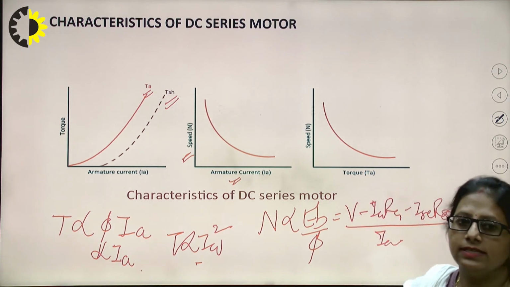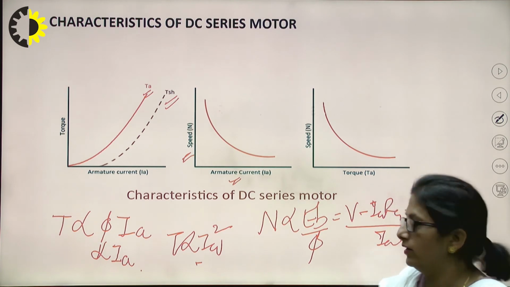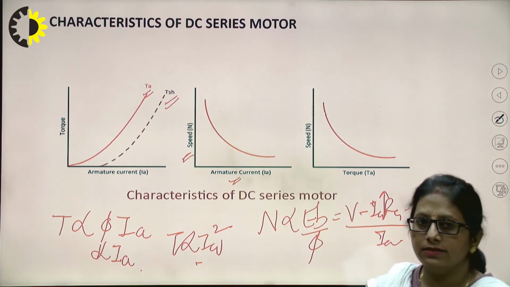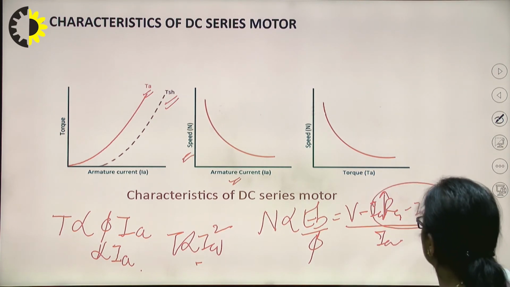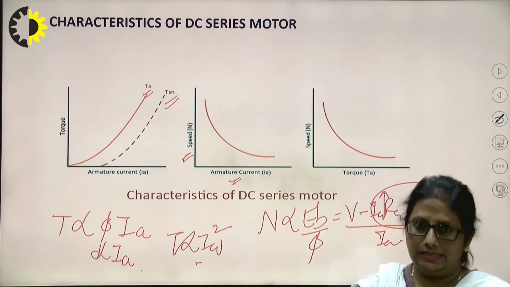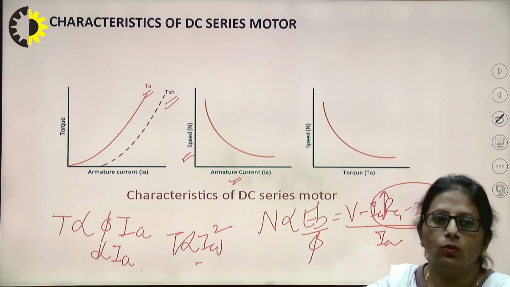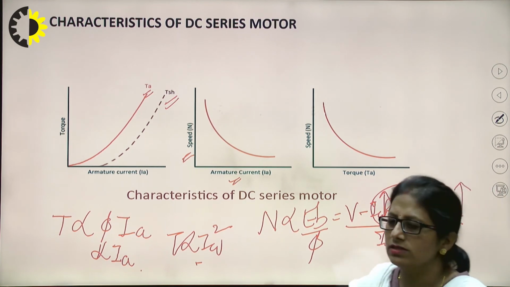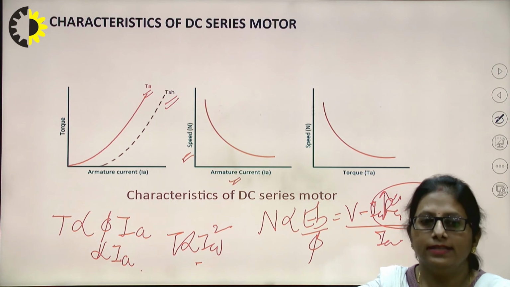Now, if we increase the armature current, ISC is also equal to that. If the armature current is increased, this drop is going to increase. That means V minus IA RA and all these drops should decrease. But as you know, the values of the armature resistance and the series field winding resistance are not very high. These are very small values.